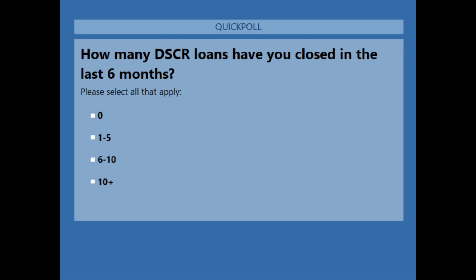So, Joe, I think this is perfect for the conversation we're about to have, because about 48% of our attendees here have not closed a DSCR loan in the last 6 months.